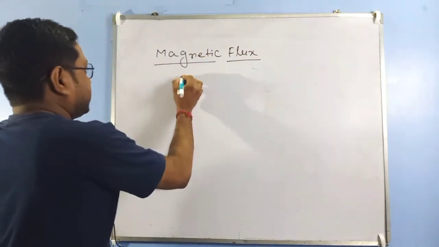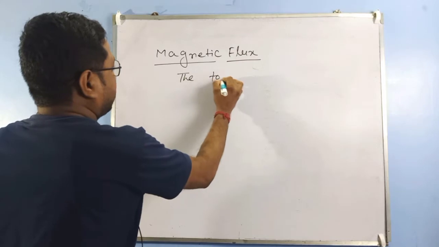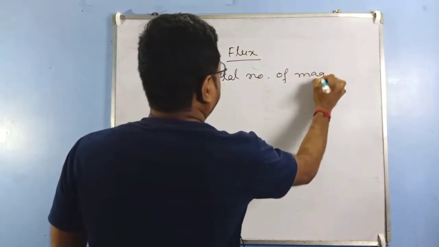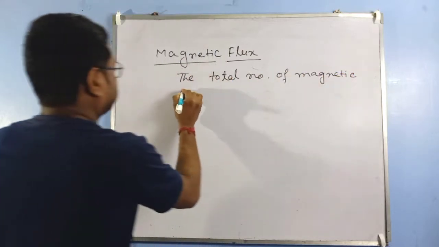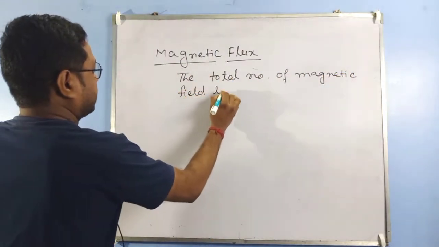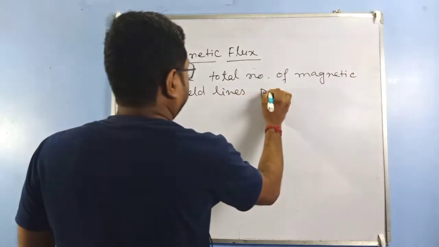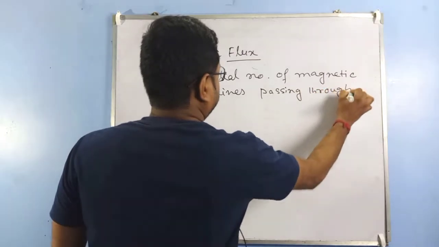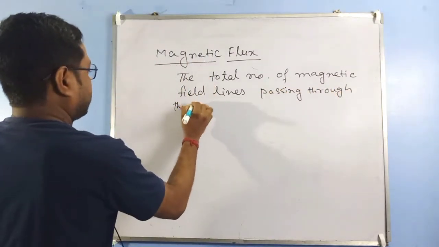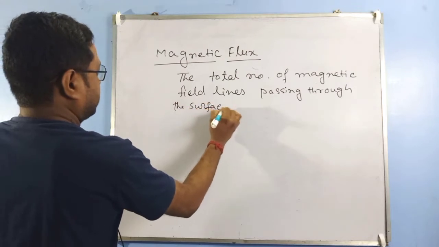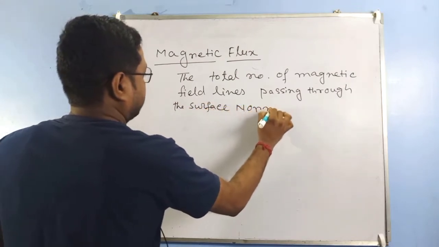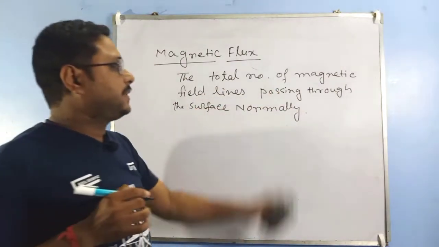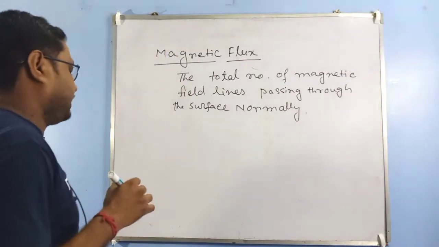Magnetic flux is the total number of magnetic field lines passing through the surface normally. So magnetic flux is the total number of magnetic field lines passing through the surface normally.